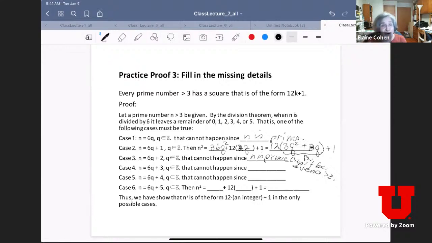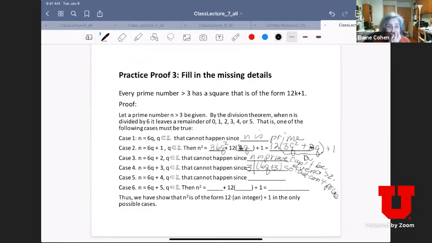What about 6q plus 3? Tell me why it can't be. Because it can't be divisible by 3. Yes, 3 divides 6q plus 3, so that isn't prime.